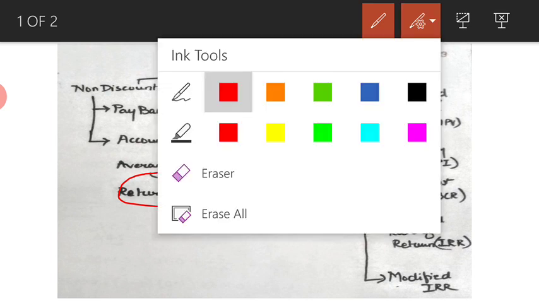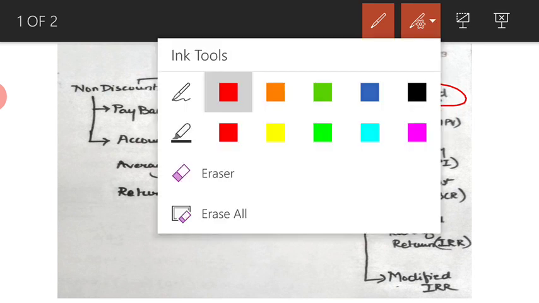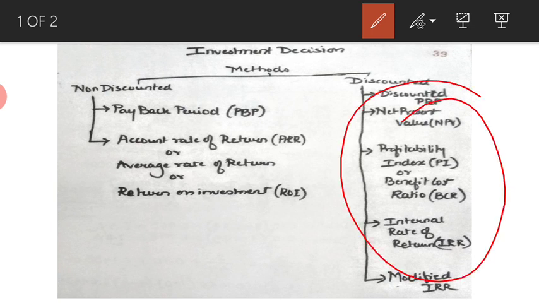Coming to the next part, that is the discounted methods. In discounted methods, we have the discounted payback period. It's very much similar to the payback period. Only thing is, here we are going to use the concept of time value of money. What do I mean by this? That means whatever cash flows are given to us, first we are going to find out the present values of the cash flows and then use them in these formulas.